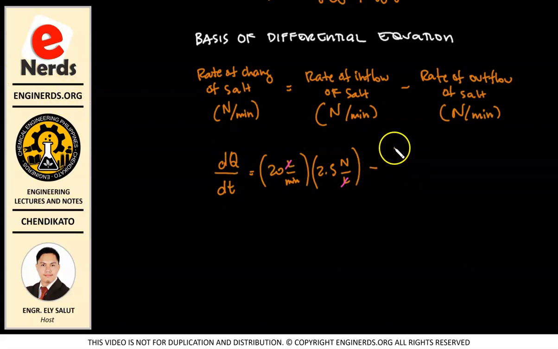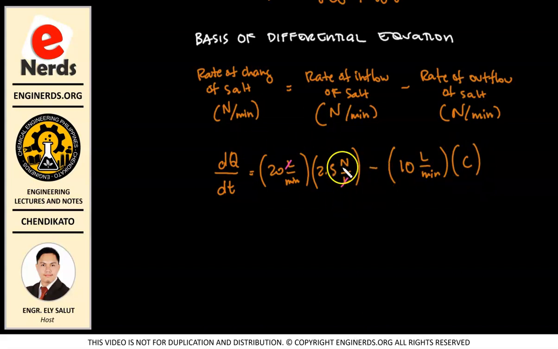We're going to multiply yung concentration natin sa ating volumetric flow rate. Okay, so our volumetric flow rate here, it's coming out at 10 liters per minute. But we do not know the concentration C, di ba? But we know that the unit of C will be in Newton per liter, no?